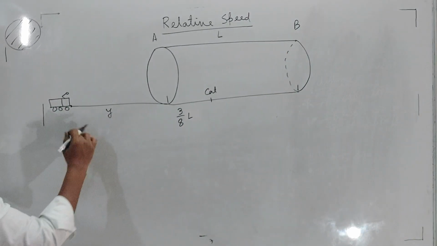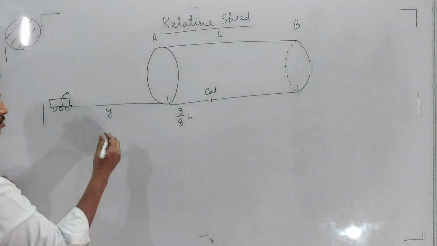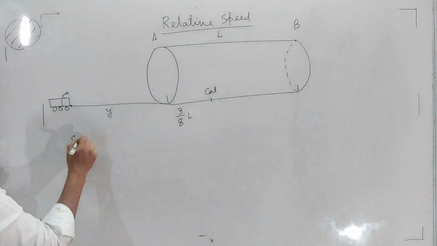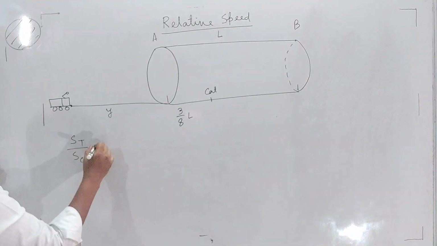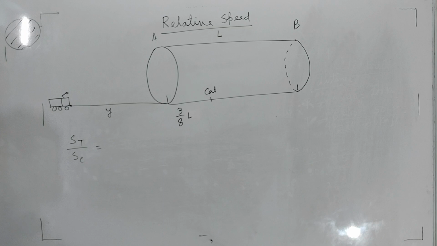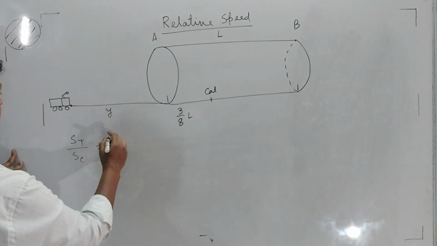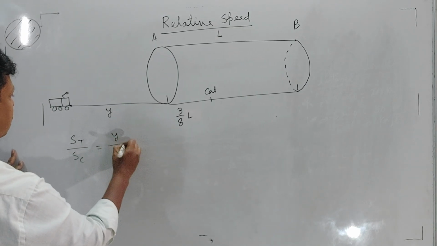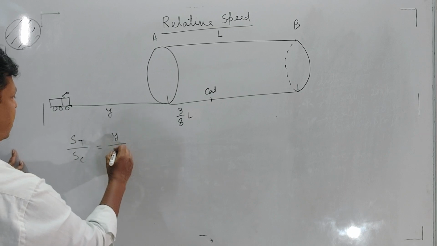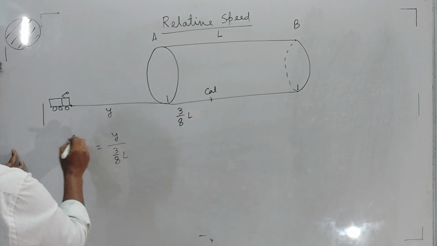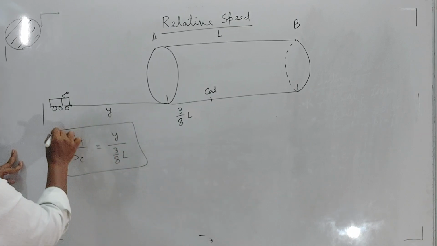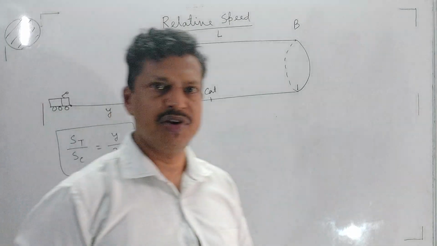So if time of travel is same, can I say that speed of train by speed of cat should be equal to ratio of the distance traveled? So what is the distance traveled by train? y. And what is the distance traveled by cat? 3 by 8 L. Is it okay or is it acceptable to you?